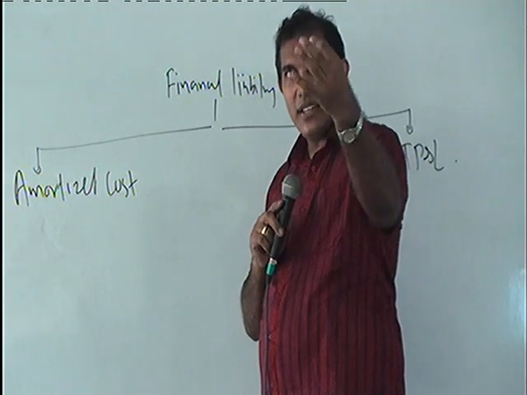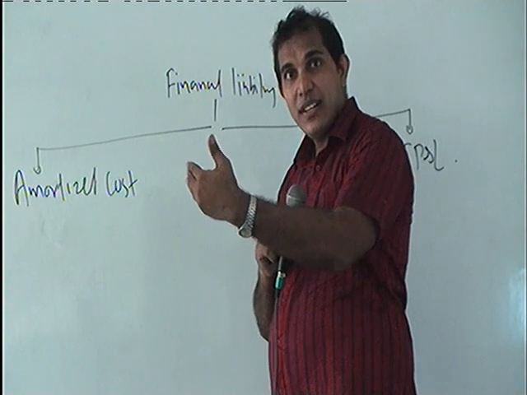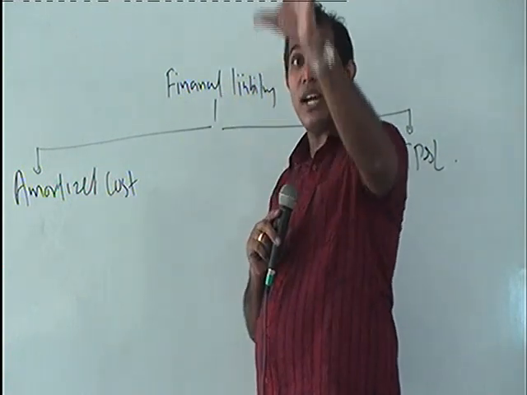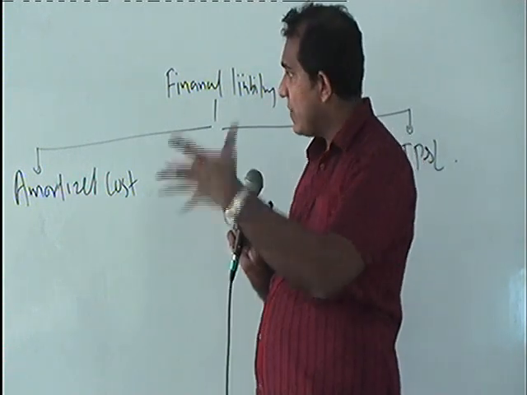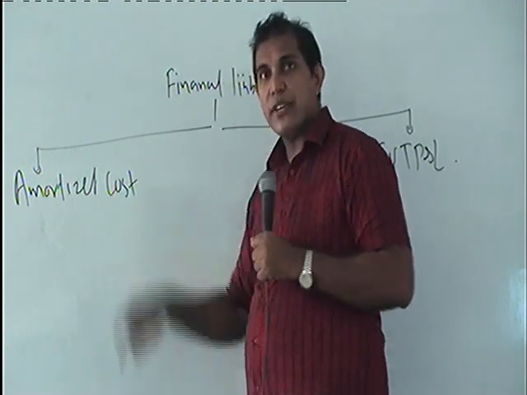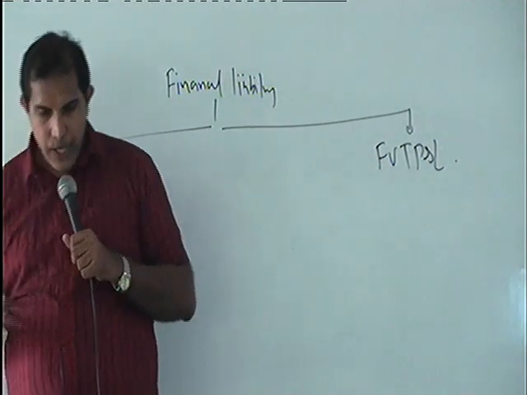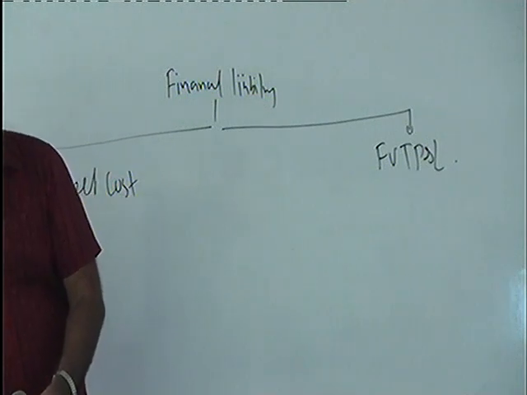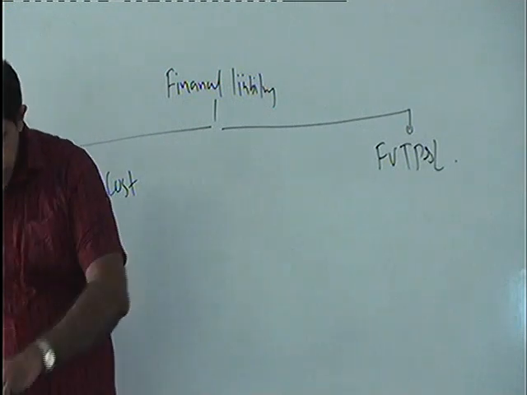In that we recorded interest expenses, and we have taken the present value of cash flows. So that is the method of amortized cost, right? Write down these two methods.